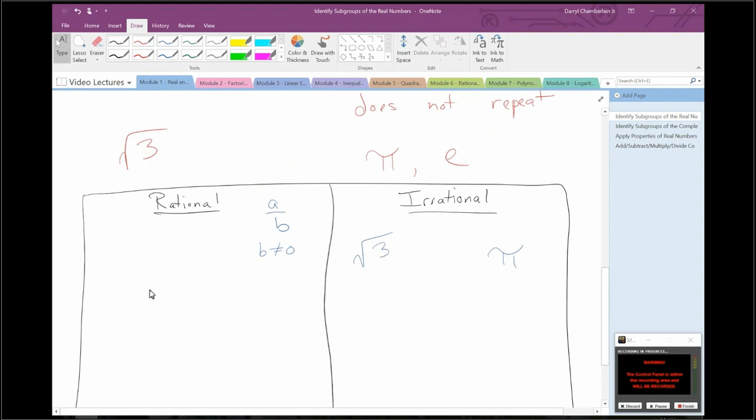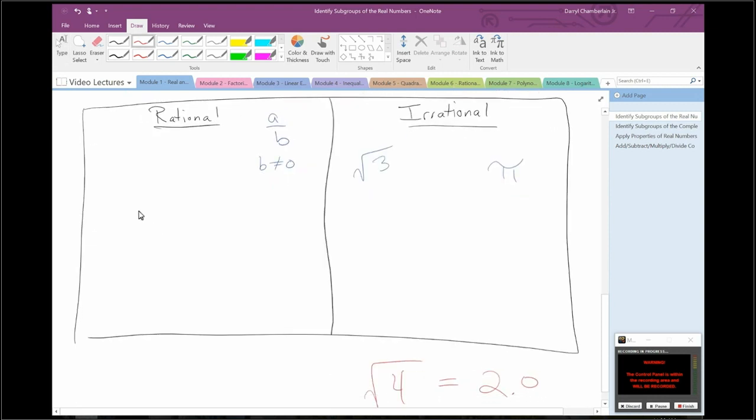All right, so inside the rational numbers, we have the integers. So these are fractions where the denominator, or b, is 1. So -3, -2, -1, 0, 1, 2, 3, etc., both sides.